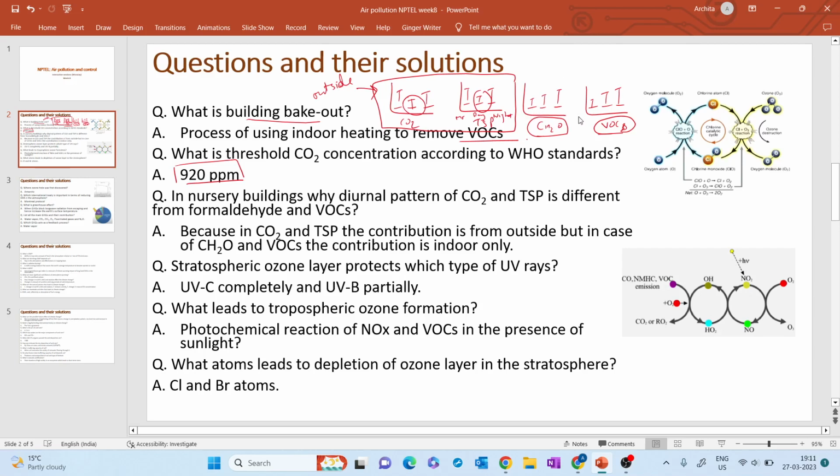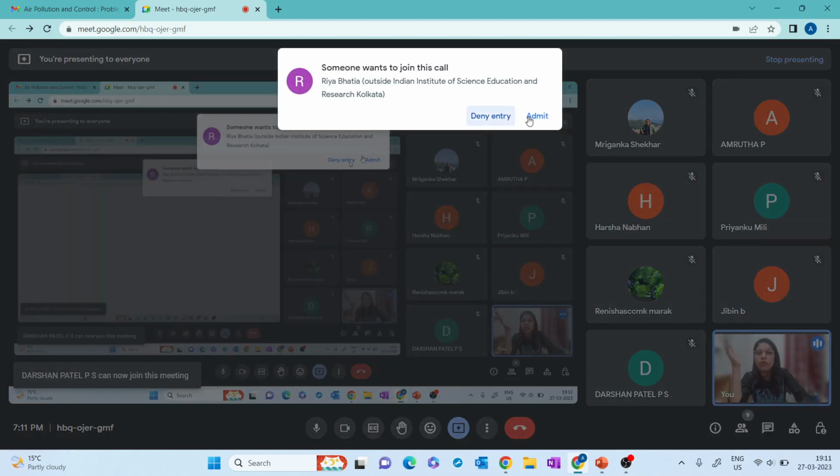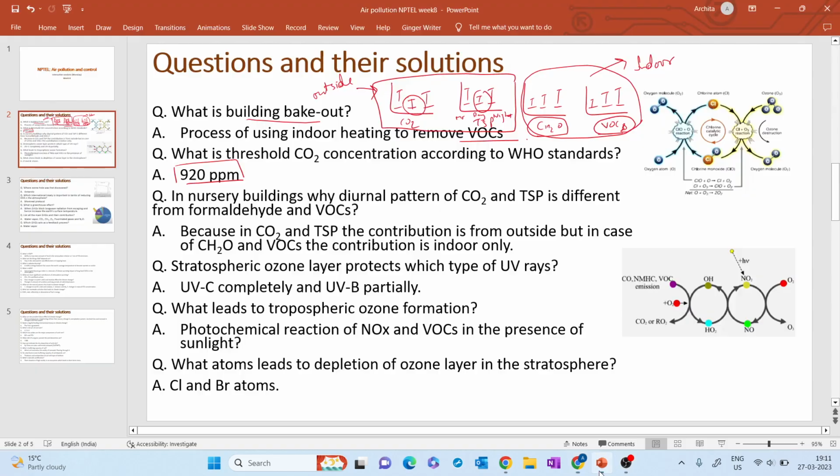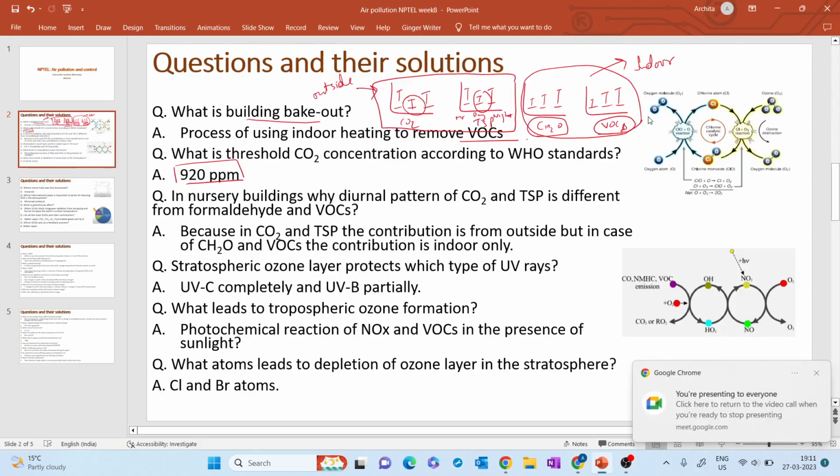But during the night, the school is locked down, everything is shut, and so their concentration in the indoor environment increases towards the night. So for these two pollutants, we can say that their source is only inside the building. The building materials themselves are the reason for the high concentration of formaldehyde and VOCs in the indoor environment.